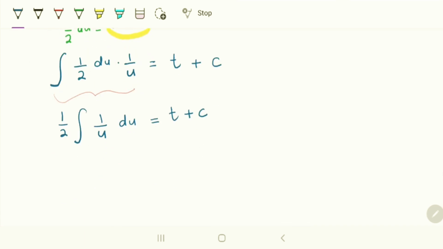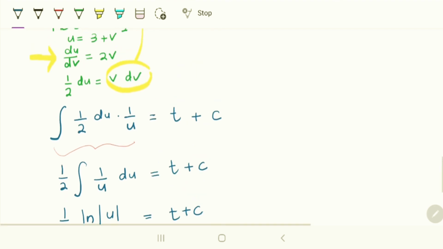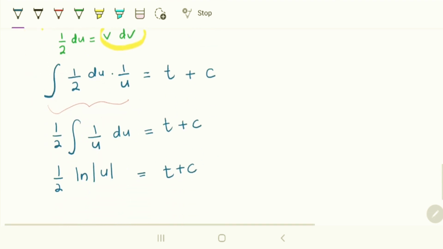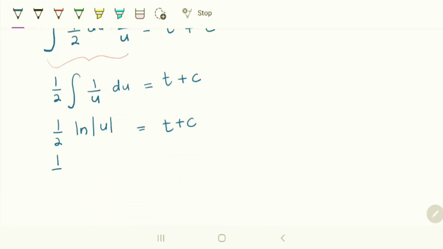Now we are ready to integrate the left hand side, and we will get 1 over 2 ln u. Substitute again the function u, which is 3 plus v squared. So we will get 1 over 2 ln 3 plus v squared equal to t plus c.